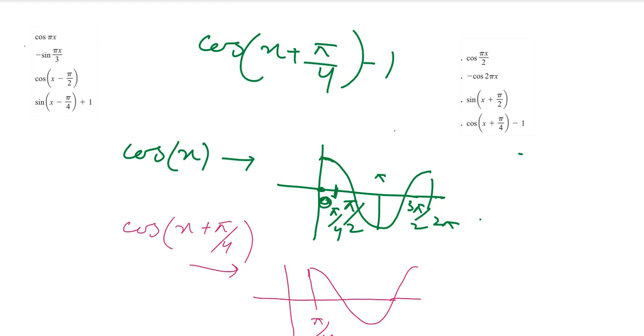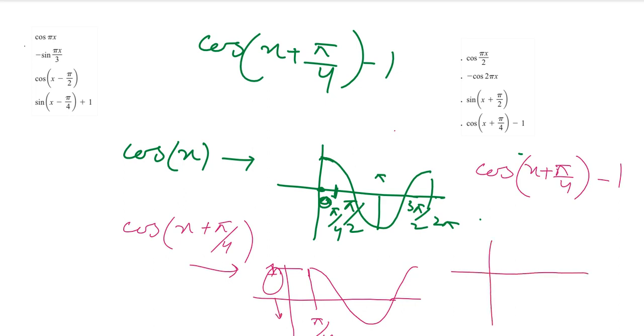Next we have to see what the negative 1 will do. It will move your graph to the downward side. Over here we have this one factor. We have to move this whole thing down and see what will happen.